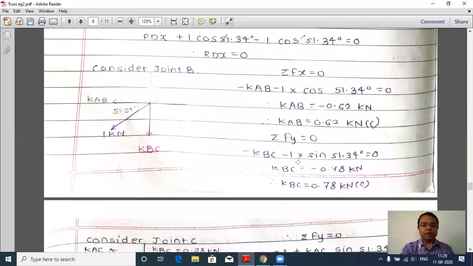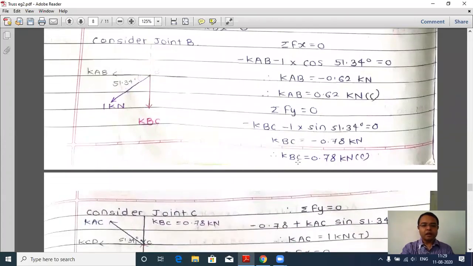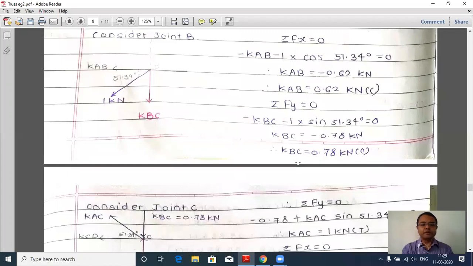Now consider the free body diagram of joint B. Here the unknowns are only forces in the members. Instead of F, I have written K, because we are finding the K forces. So KBC and KAB.